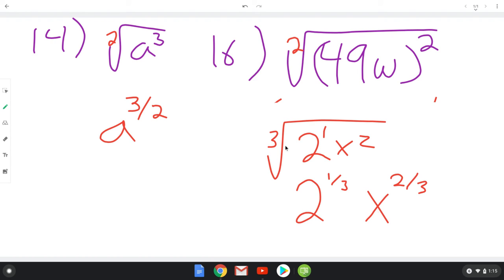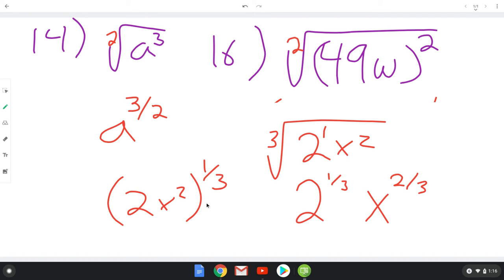So you have to distribute it between the two. If you have more than one thing with an exponent that's not in parentheses like this, then you have to distribute it to both of them. If that confuses you, you could rewrite it like this first, 2x squared to the 1/3. You could rewrite the cube root as a power of 1/3 and then distribute that, if that makes more sense to you. Whichever way makes more sense is fine.